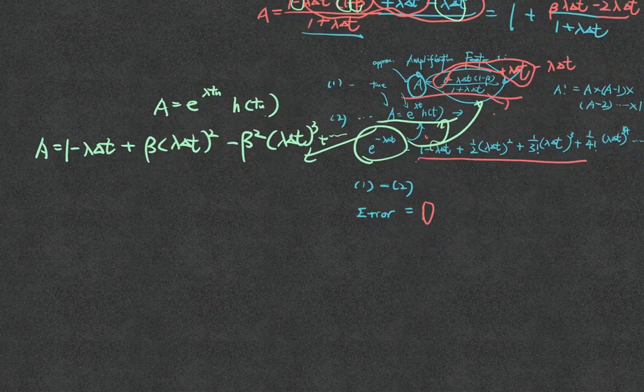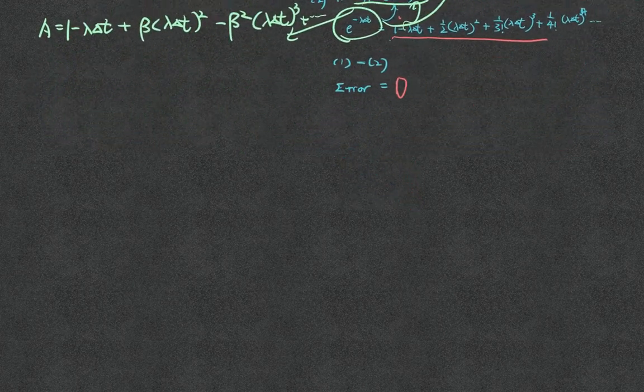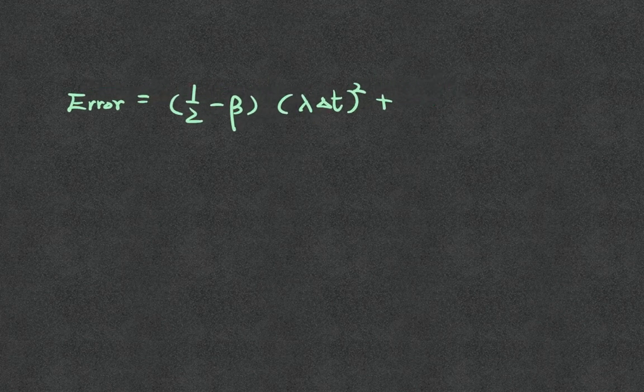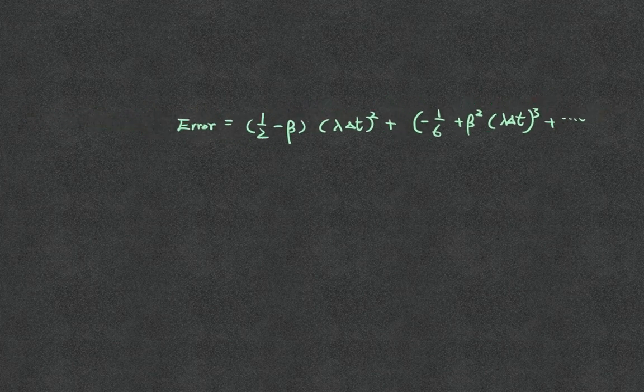Okay, so I won't repeat the entire algebra, but what we will get at the end is the following. We will have the Euler error actually equal to (1/2 minus beta) times lambda delta T squared, plus minus (1/6 plus beta squared plus lambda) delta T cubed, plus more terms.